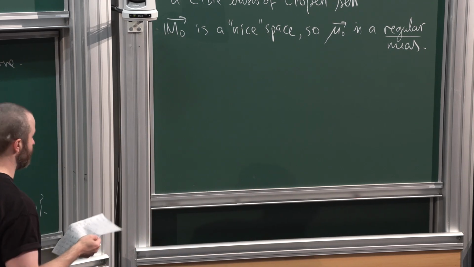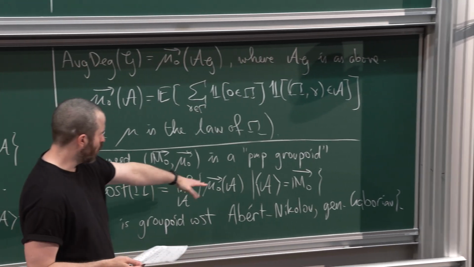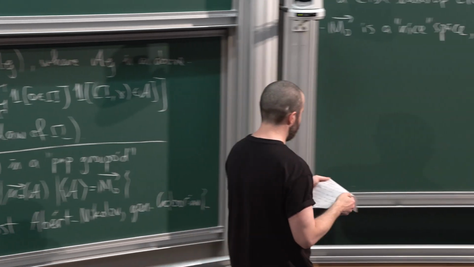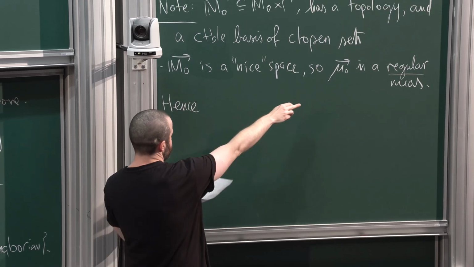And so this tells us something. It says that when I'm computing cost, I'm supposed to be looking at all of these generators. But actually, I can get away with just looking at open generators. This is just using the regularity property.